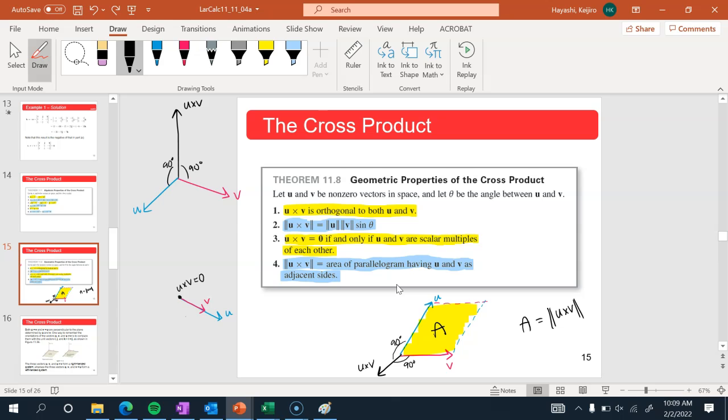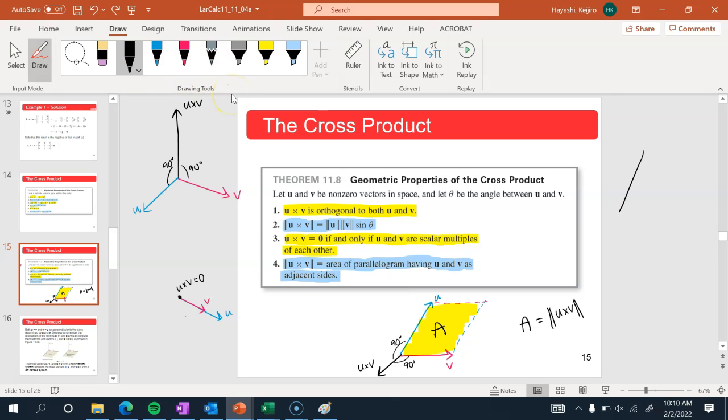The base is clearly v, and the height would be sine theta times u. But that's just where it comes from. But it is the area of the parallelogram having u and v as sides.